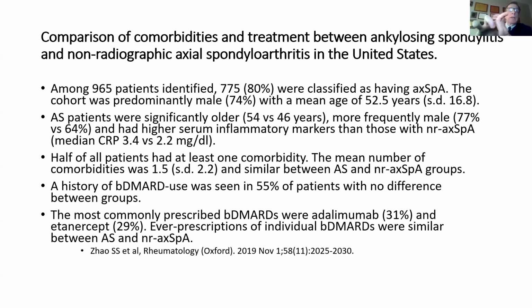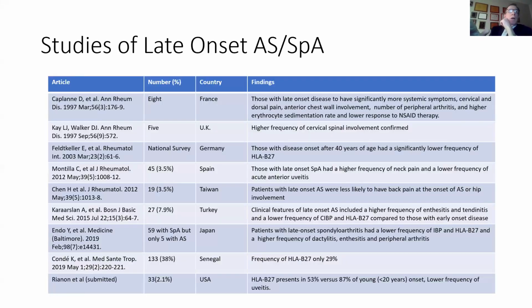And just like the other studies, there was a higher median CRP in those with radiographic axial SpA. The most commonly described biologic DMARDs were adalimumab and etanercept. This is a cross-sectional look at patients with AS and non-radiographic axial SpA from the US, but more or less showing the same things that we've already talked about in the other cohorts.